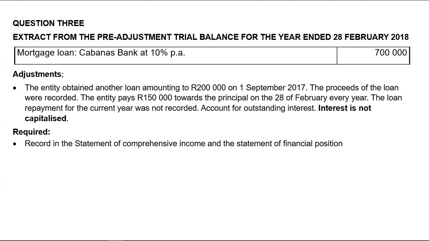We've got a loan from Kawanas Bank at 10% per annum, which is 700,000. And the entity obtained another loan amounting to 200,000 on the 1st of September 2017, which is pretty much in the middle of the financial year. The proceeds of the loan were recorded, so they are included.